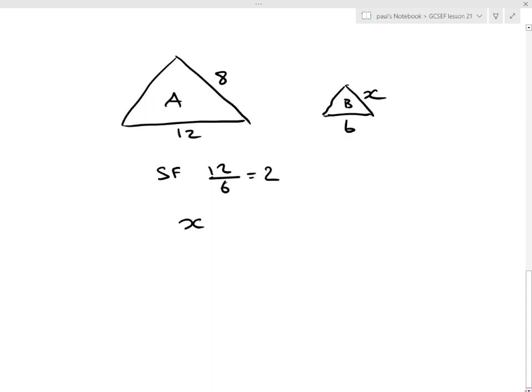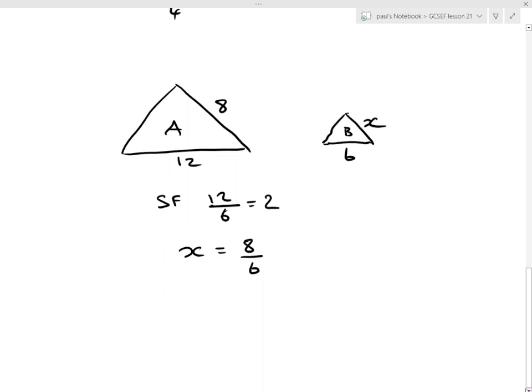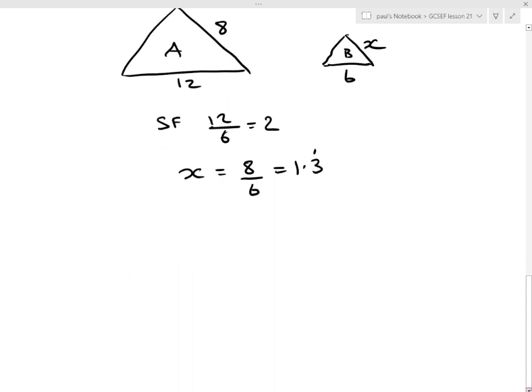And X will be equal to 8 divided by the scale factor, which is 6, and that's going to be a recurring, isn't it? 8 divided by 6, 4 over 3, which equals 1.3 recurring.